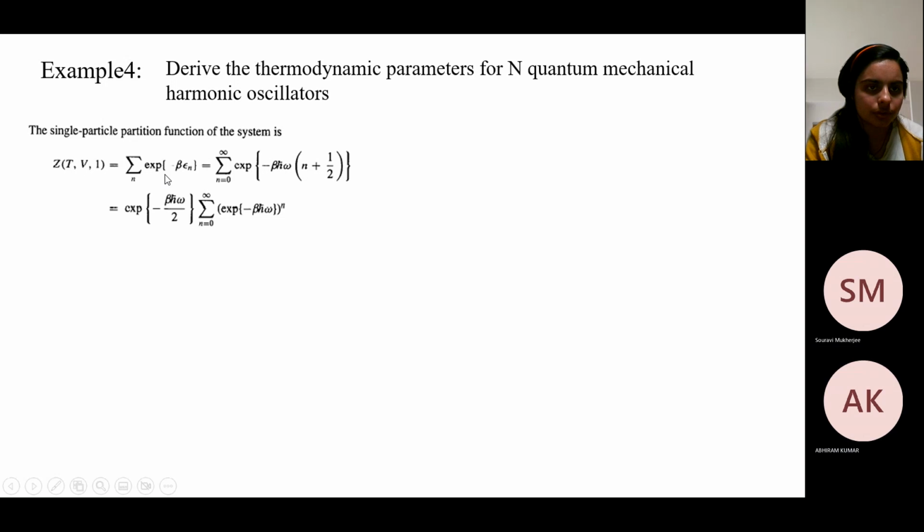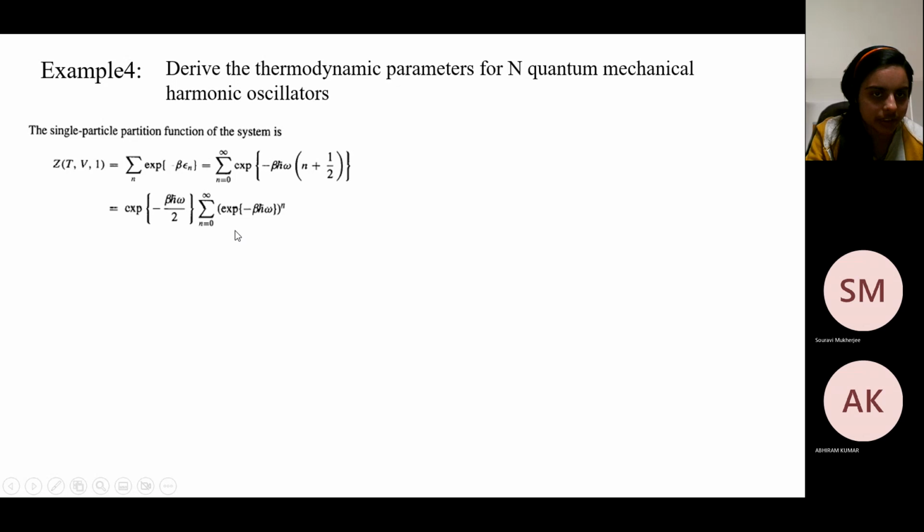What you do here is that now you first find it for one quantum mechanical harmonic oscillator, and then we can do a to the power n thing in order to get the values for n quantum mechanical oscillators, right? Because the energy levels are discrete, we do a summation. We don't do an integration, we do a summation.